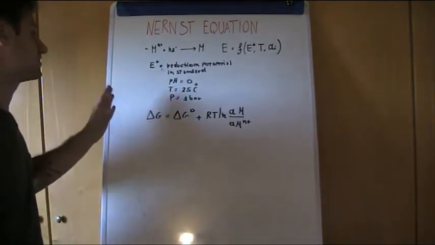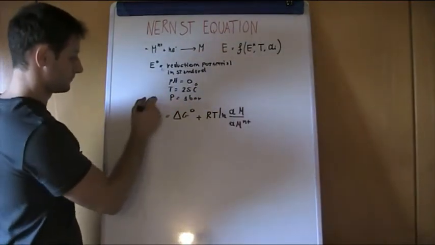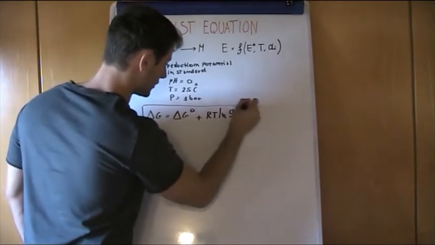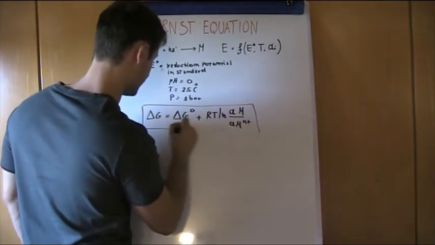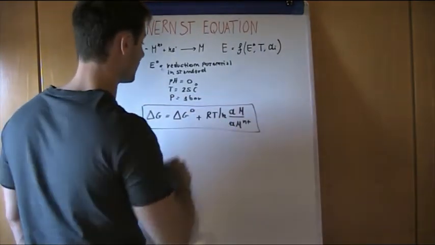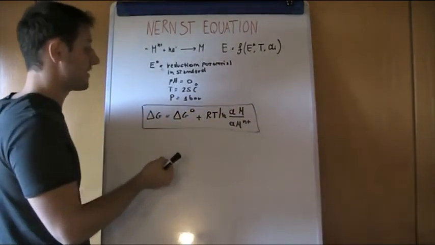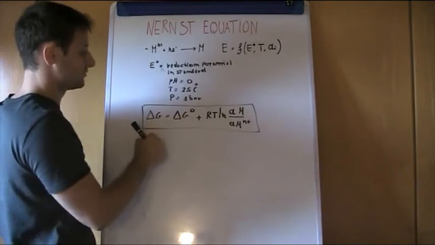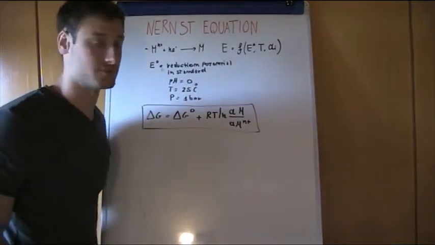So now this is the starting point. This is the equation describing the free energy as a function of the temperature, as a function of the activity, and as a function of something referring to standard conditions, in this case, the free energy.